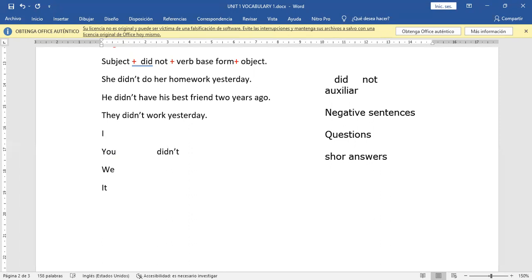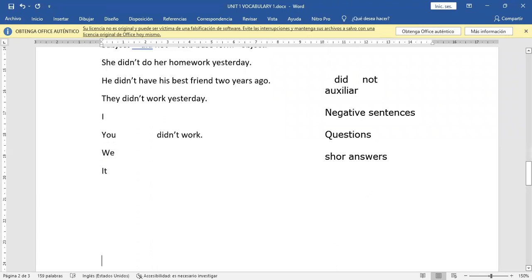Didn't means no. Okay, don't write "not work," please. It doesn't exist. It is an auxiliary. You need the auxiliary. Did not, didn't work. The verb in the base form.